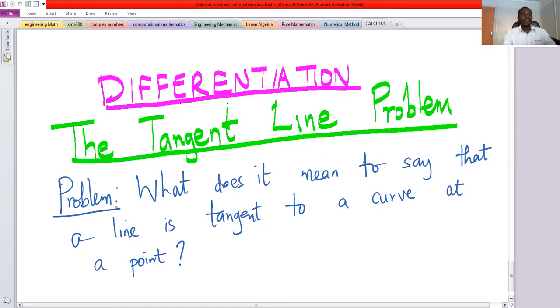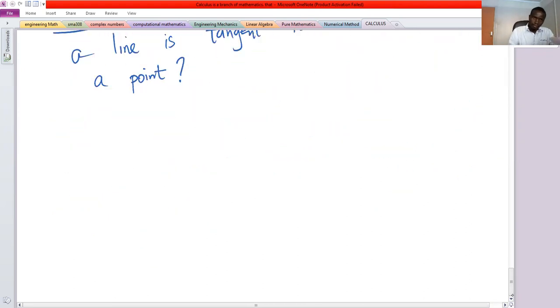So this is the question. When, or what does it mean to say that a line is tangent to a curve at a point?